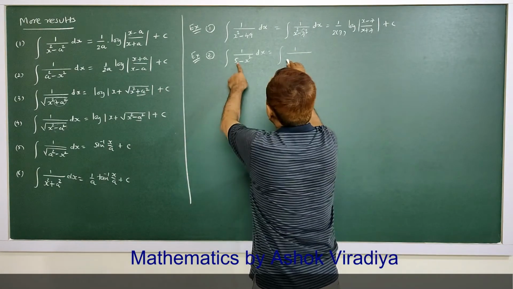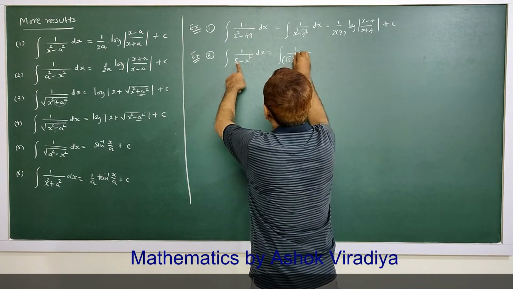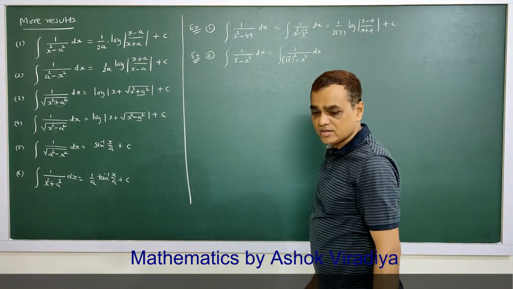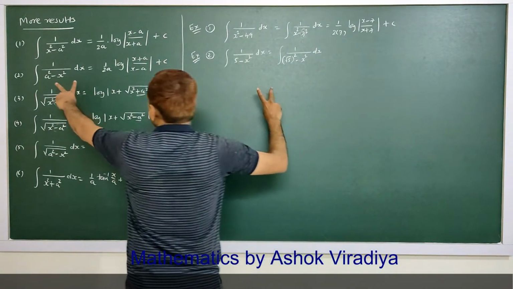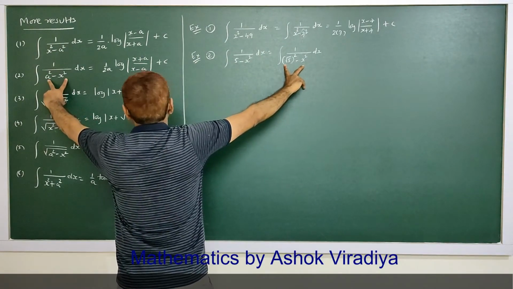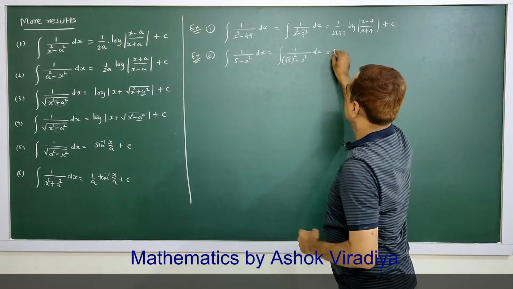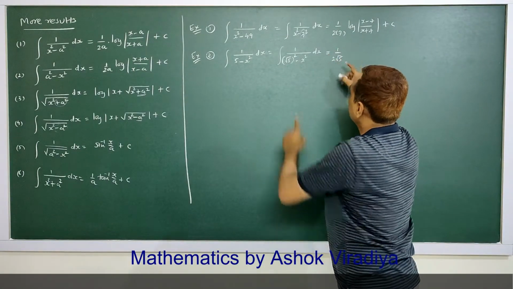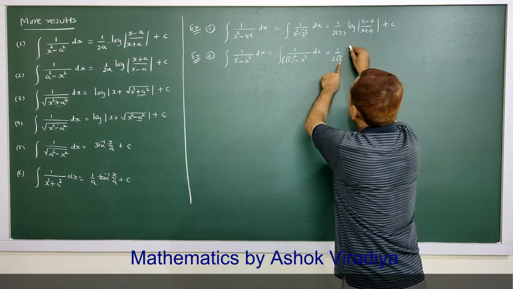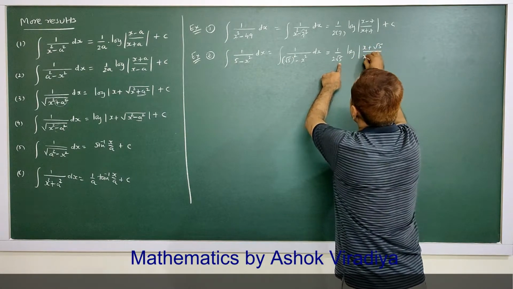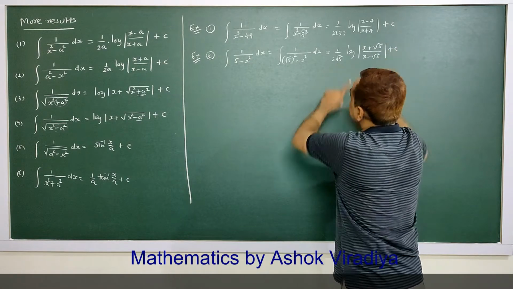So 5 can be expressed as root 5 square minus x square. So now you can see ditto pattern, a square minus x square. So what is a? Root 5. So by second result, 1 upon 2a, this is a, log mod x plus a upon x minus a plus c.